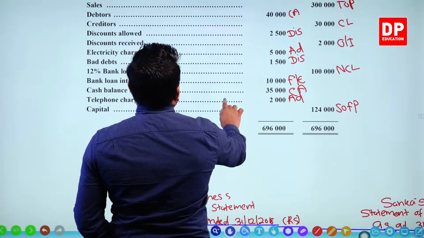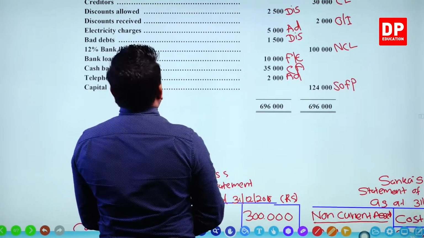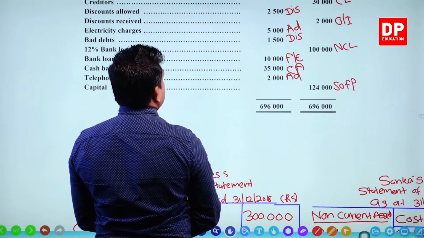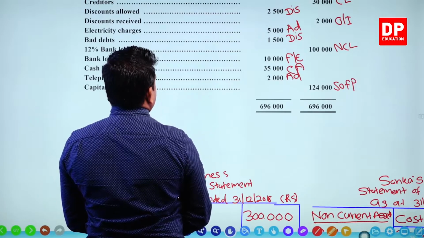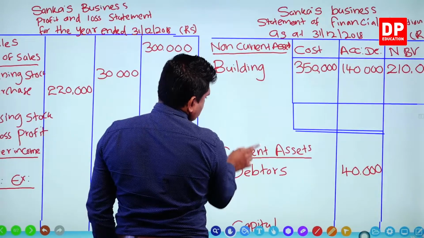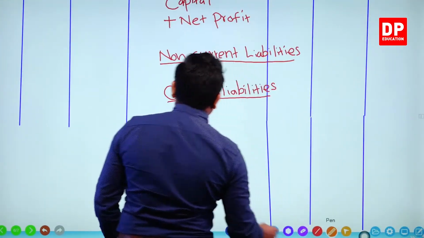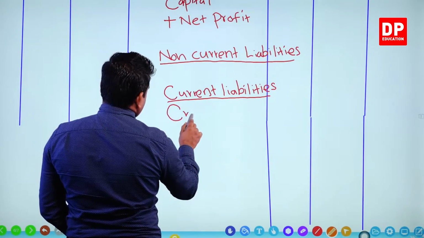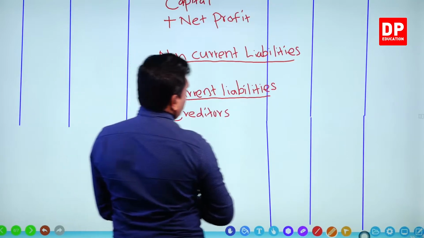Okay. Now, creditors 30,000, discount allowed 2,500. Creditors 30,000.